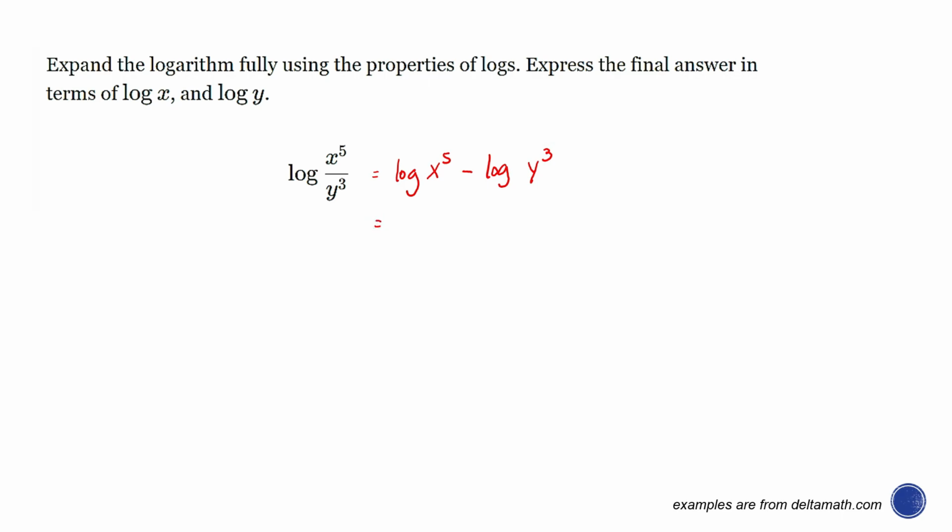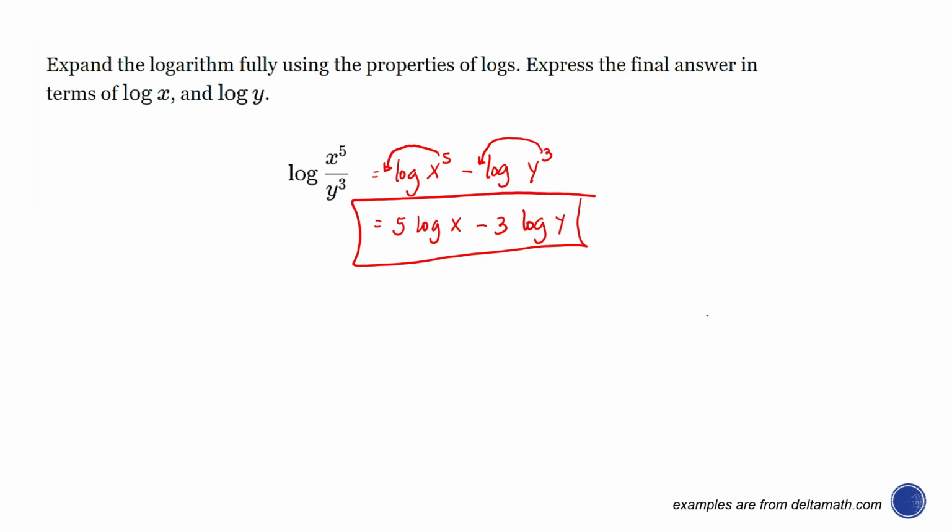And now we will use the power rule, meaning we will move this exponent 5 here and this 3 there on the left side of that logarithm. So this is equal to 5 log x minus 3 log y, and that will be the final answer. All right, let's go to the next one.